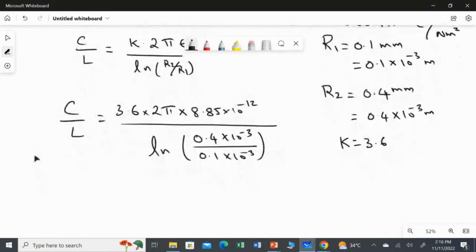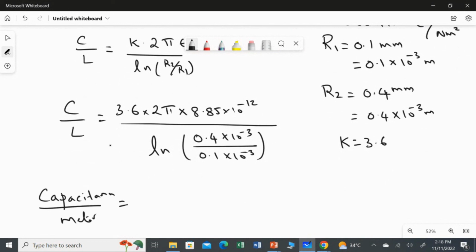So let's see what answer we are going to get for this capacitance over meter. Capacitance over meter is nothing but C over L, which is equal to, let's see what's the answer for this. 3.6 multiplied by 2 multiplied by pi multiplied by 8.85 10 power minus 12 over natural log of 0.4 10 power minus 3 over 0.1 10 power minus 3.